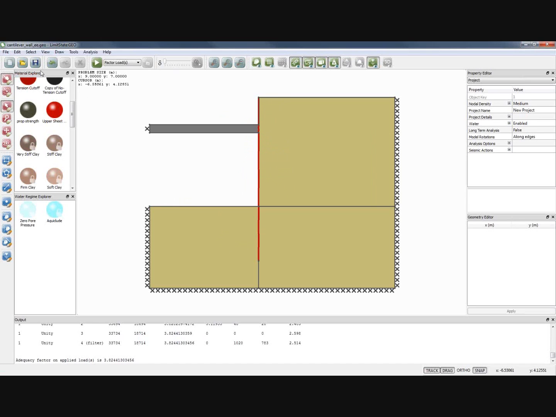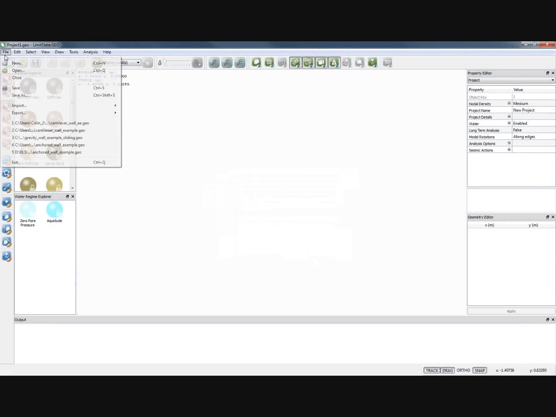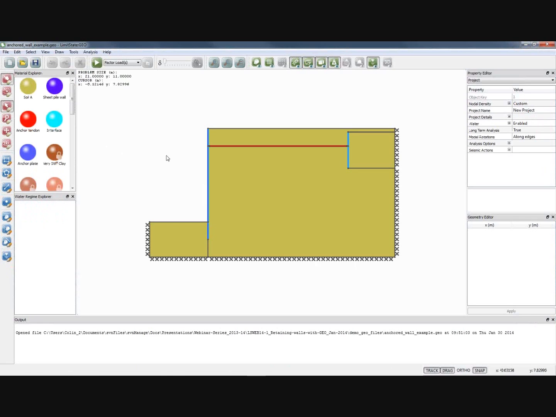propped wall. We'll just very quickly look at an anchored sheet pile wall. So here I've modeled a sheet pile wall.